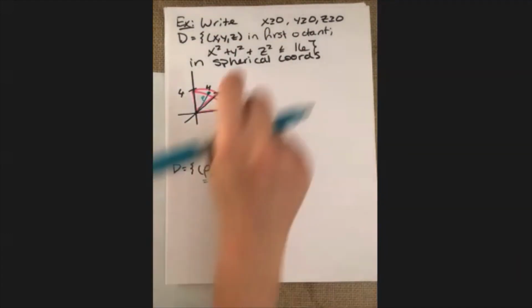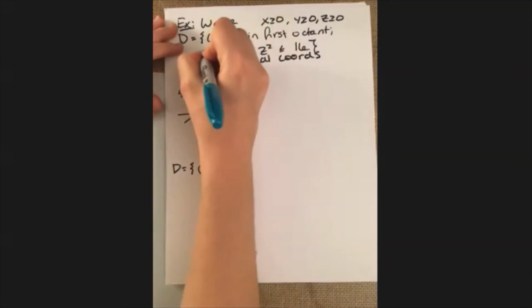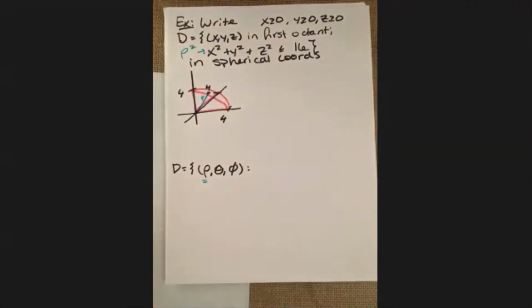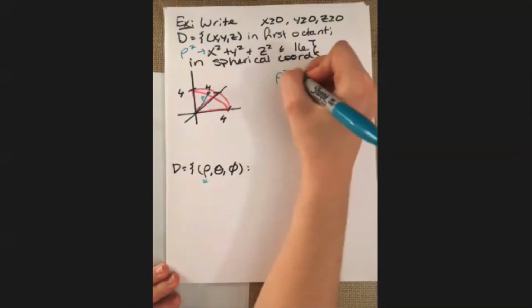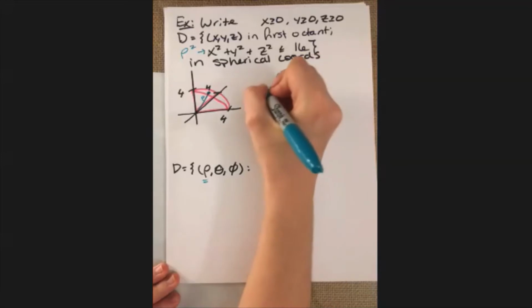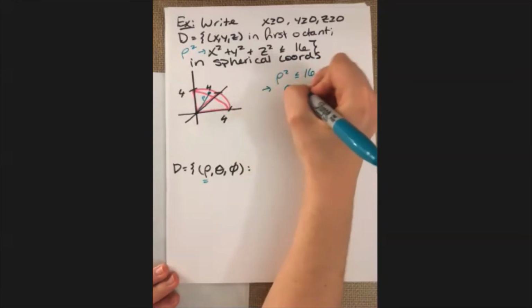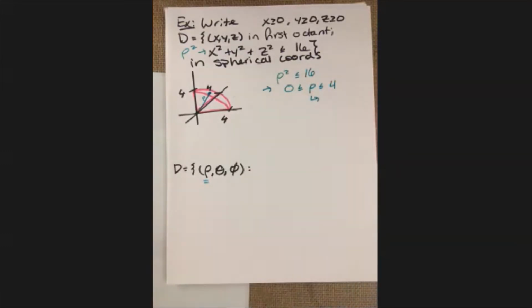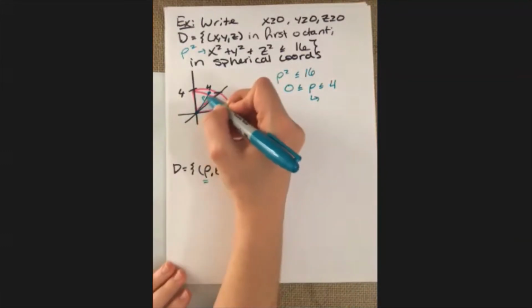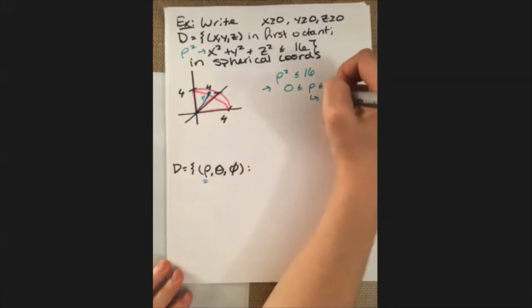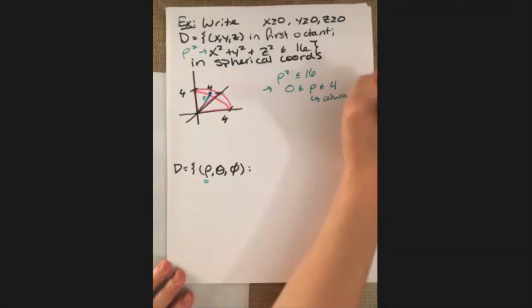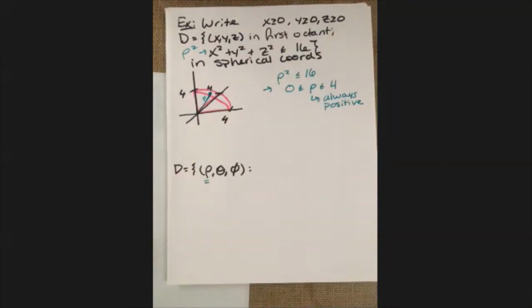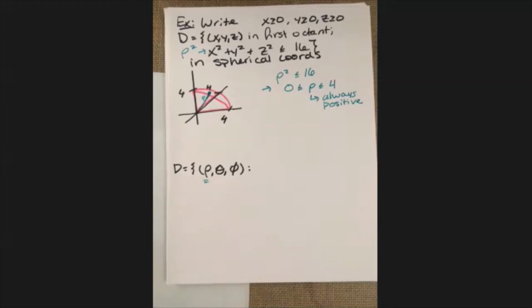And we know that rho squared is equal to x squared plus y squared plus z squared. So in this case, rho squared has to be less than or equal to 16, which means that 0 has to be less than or equal to rho, less than or equal to 4. Since rho plays a similar role as r, it's just a radius, the length of this arm right here, rho is always positive. So that's our restriction for rho.